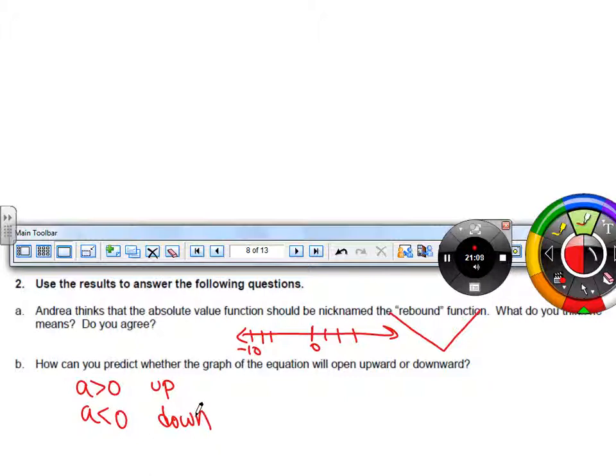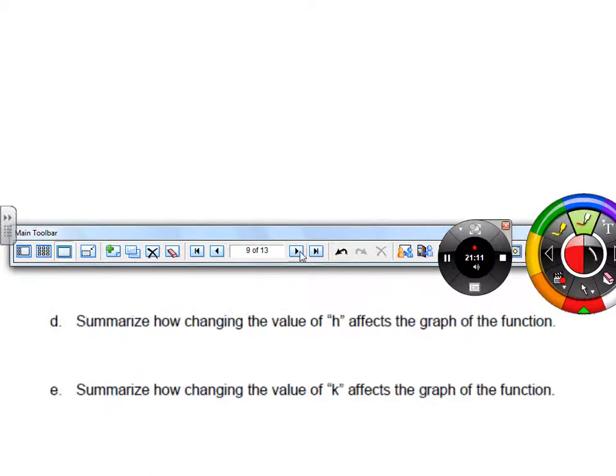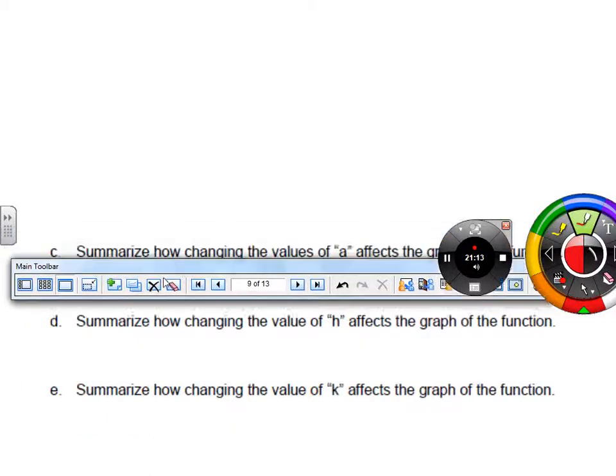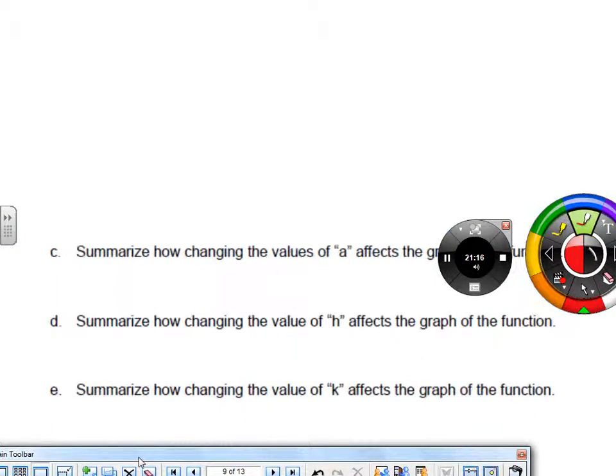Okay, so in the next 3 sections, you guys can go back through. We talked about all these answers. So how does the value of A affect the graph? You would want to see part B to know the negative and positive goes up or down. What was the other effect that A had on our graph? Yes? Okay, so good.